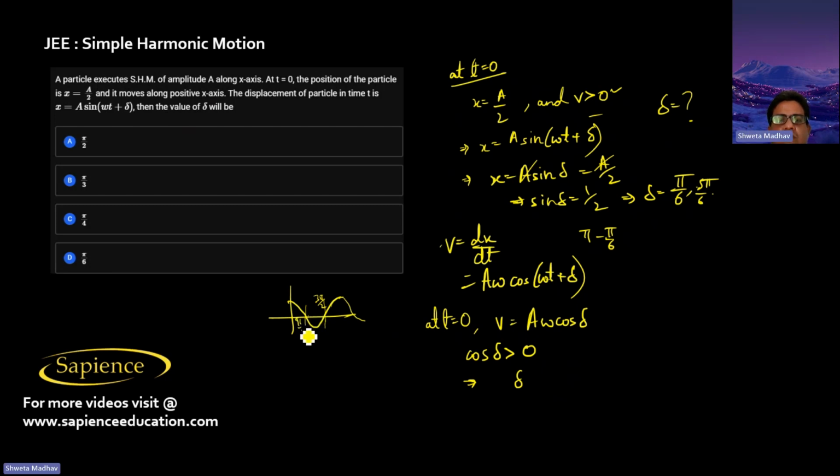From pi by 2 to 3 pi by 2, it is negative. So it should be in the range 0 to pi by 2 only. Now 5 pi by 6 is more than pi by 2.